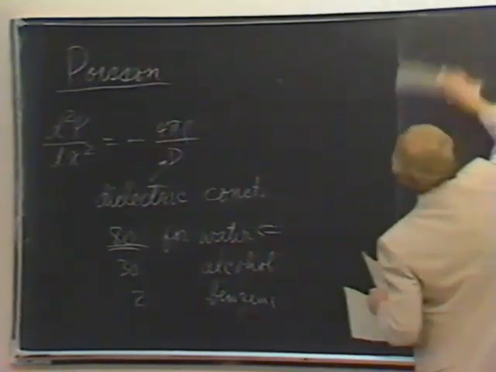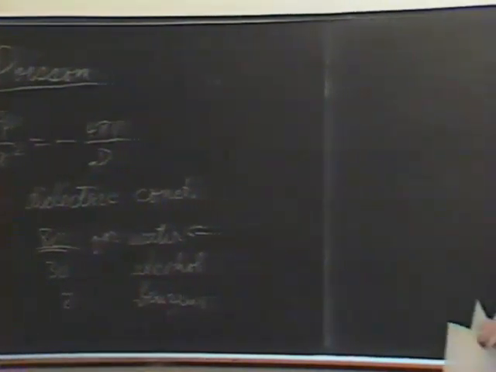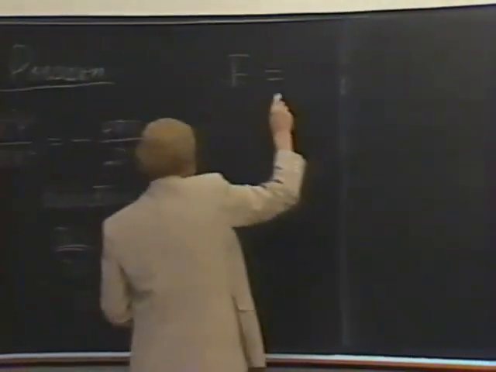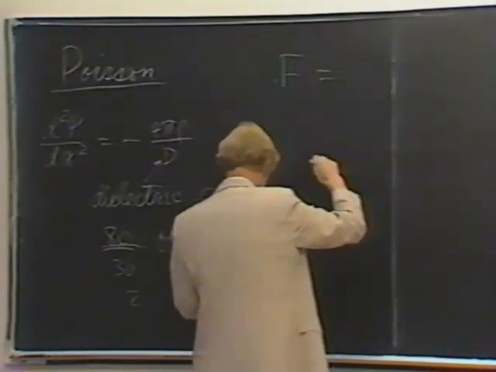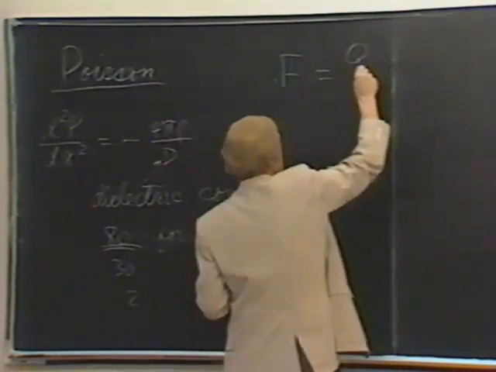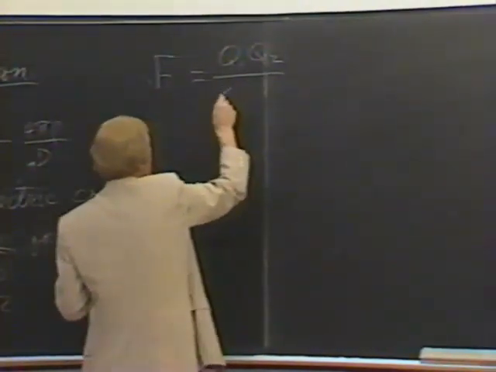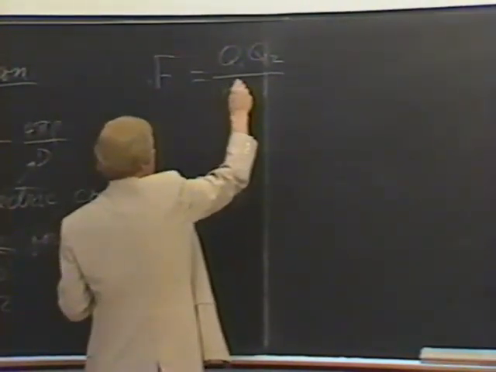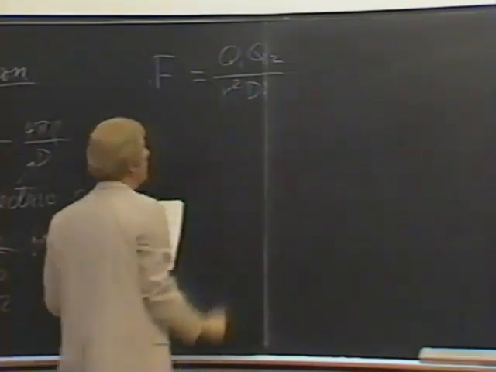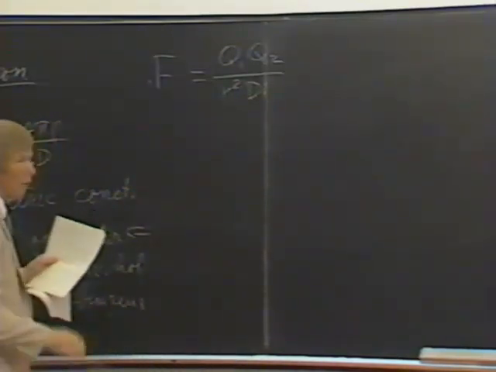So the force is proportional to 1 over D. Rho here is the number of charges per cubic centimeter, point charges per cubic centimeter of solution.